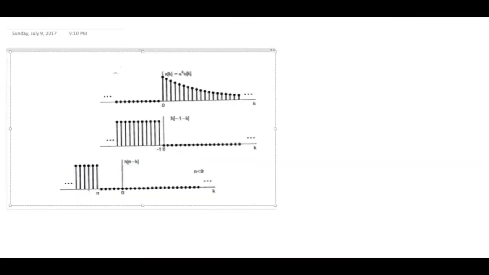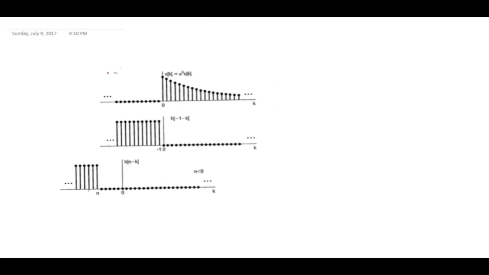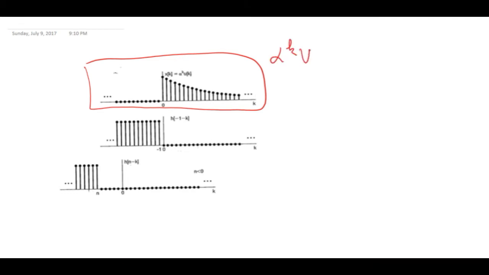Right, so we understand that here we are using this particular waveform. This one is alpha^k u[k]. It decreases when k increases until it tends to 0 here. Now, the interesting thing we have to look at is this particular waveform here. It goes all the way from minus infinity until 0 here.